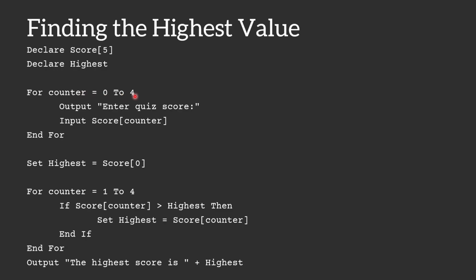For the first one, it's going to display, enter quiz score, and the person will enter a score. Then it'll run again for 1, 2, 3, and 4, asking them for quiz scores. After the loop finishes, the array should look something like this.